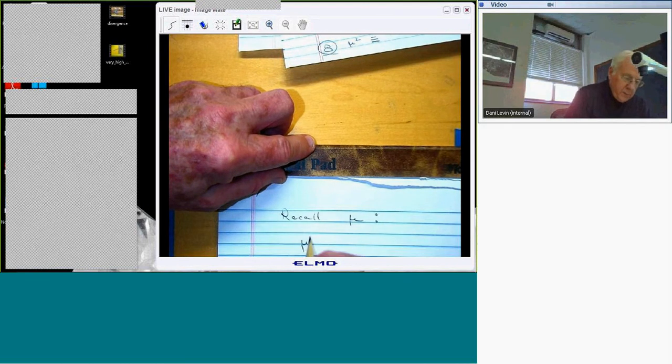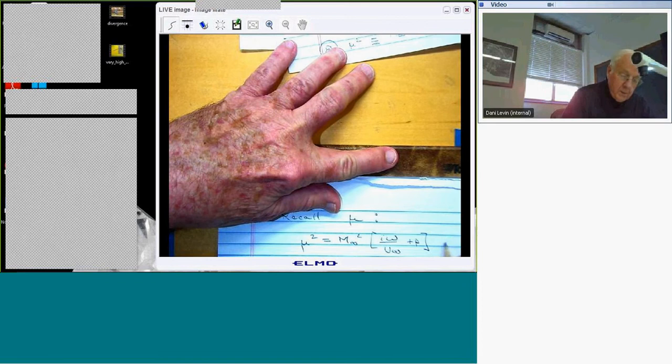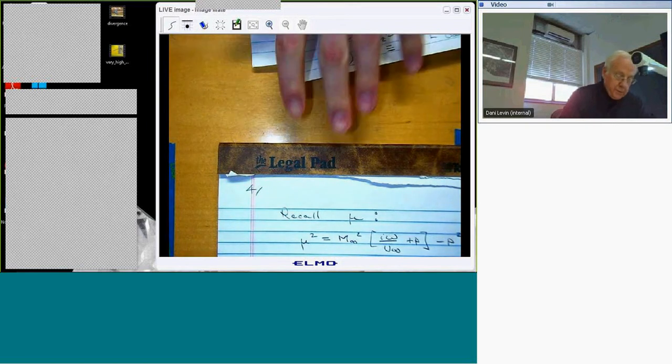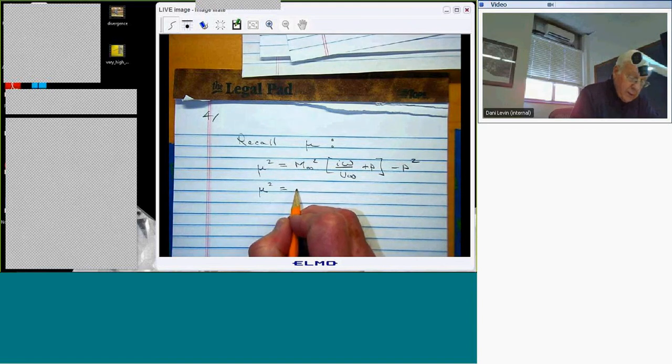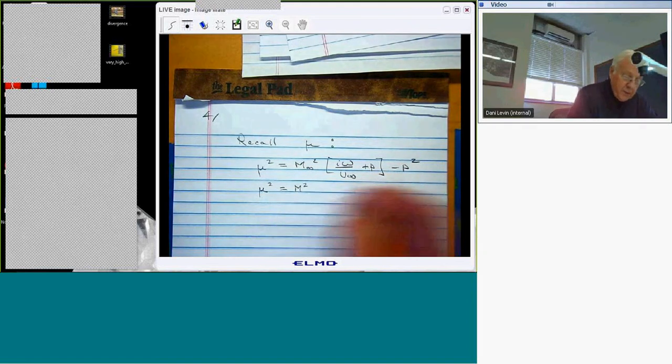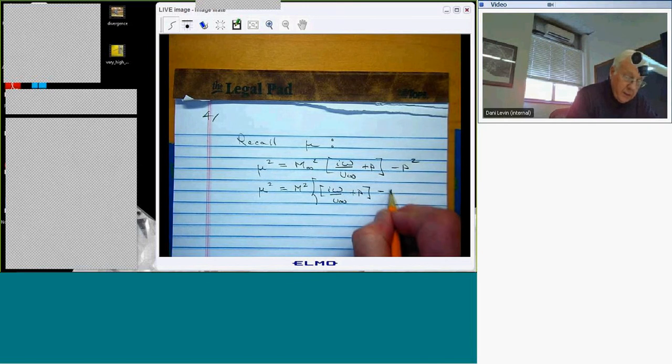Mu squared is equal to m infinity squared times (i omega over u infinity plus p) minus p squared. Now I can write that using higher mathematics as m squared times everything, i omega over u infinity plus p minus p.